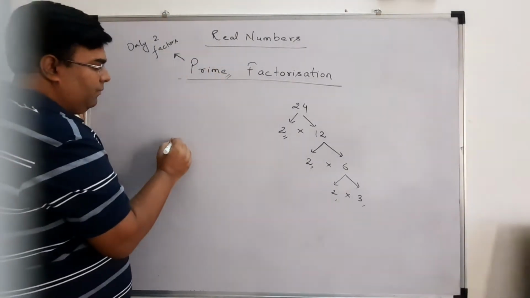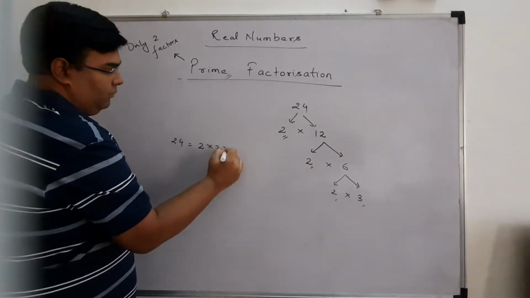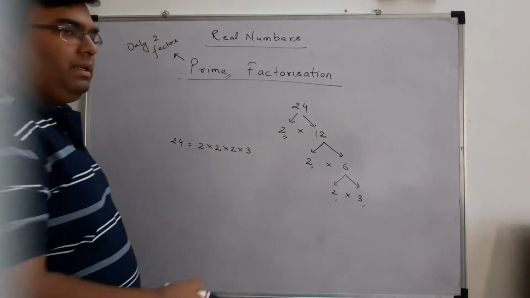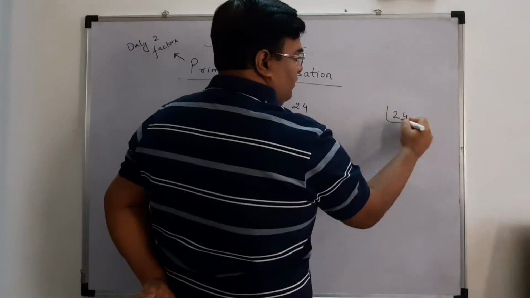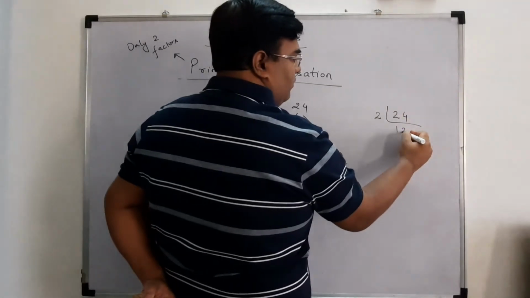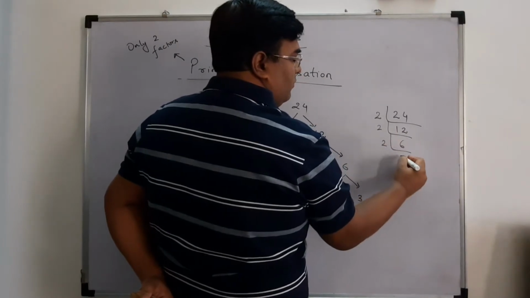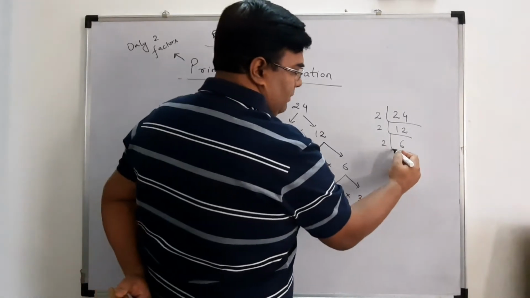So 24 can be written as, right. It is similar to if we divide in this manner. See, or last step will be what?